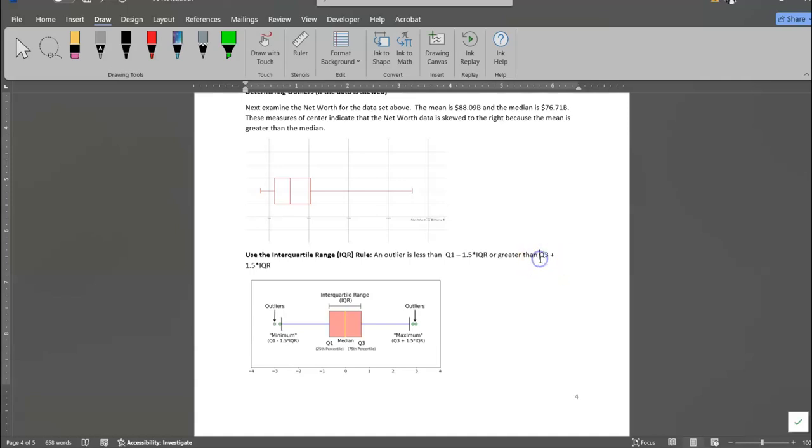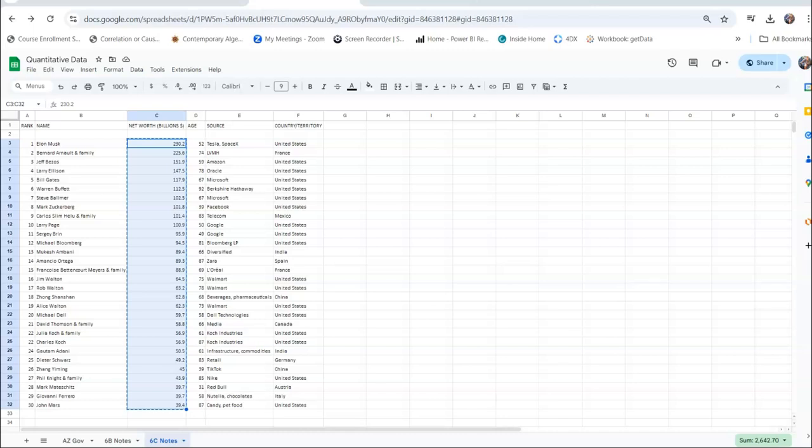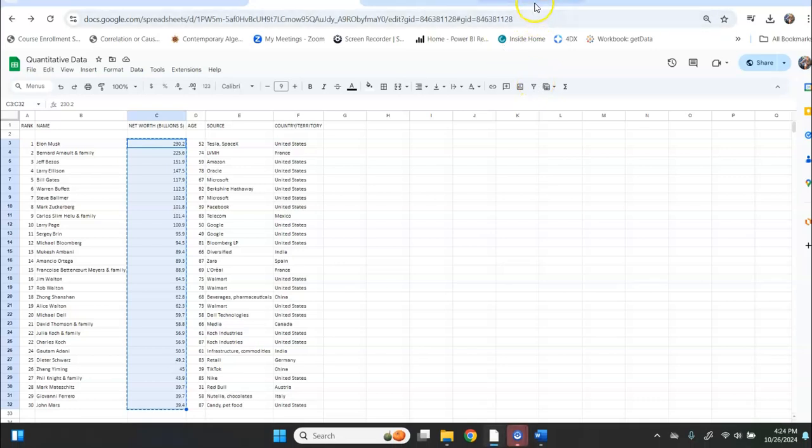Okay, so let's look at the data that we are working with. And so I'm going to go to our data set, and here's the net worth data, and I'm going to copy that, and I am going to go to Desmos.